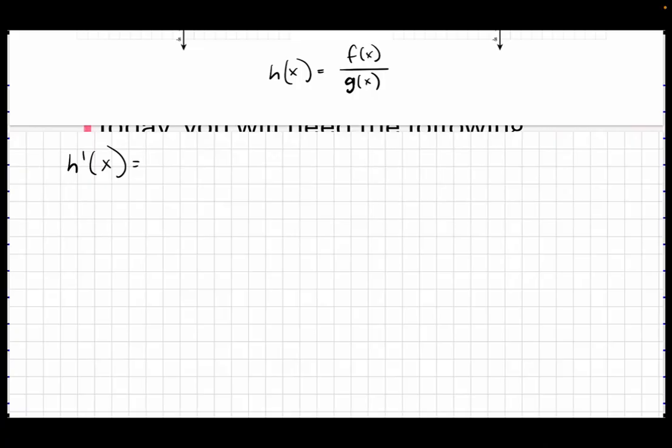By using the quotient rule. It's division, so it's the quotient rule. Low squared. So low times the derivative of the high minus the high times the derivative of the low.